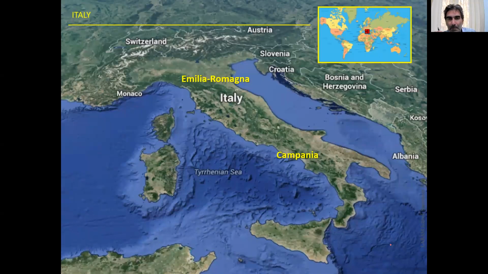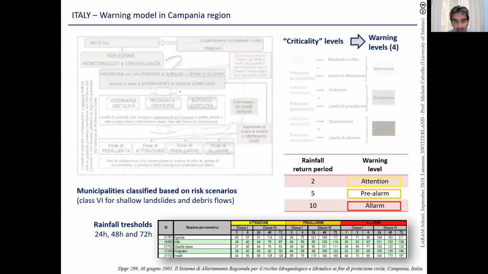Okay. In Italy, I would like in just 2 slides to highlight something, and we will refer to the regions Campania, that is the region where I come from, where I'm based, and Emilia-Romagna in the northern part. In Campania, what you don't see here is because it was in Italian, so I did it on purpose.